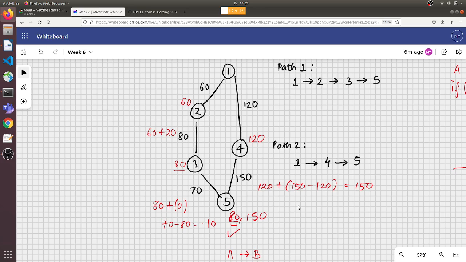Let's say we take only simple paths, where we will not repeat edges. The number of paths won't go beyond n into n minus 1 by 2. N into n minus 1 by 2 is the number of edges. A simple path is of length n minus 1.